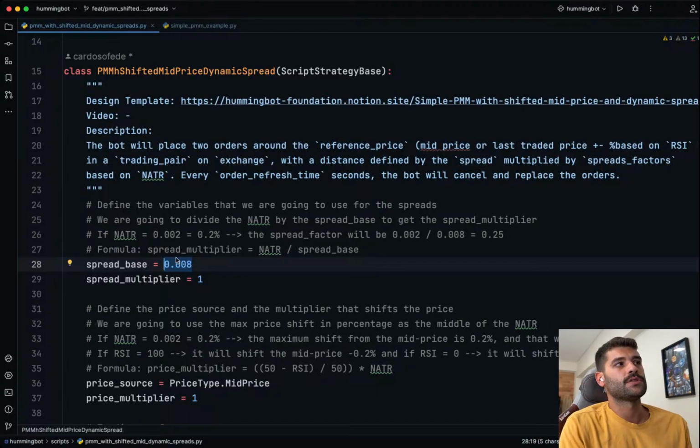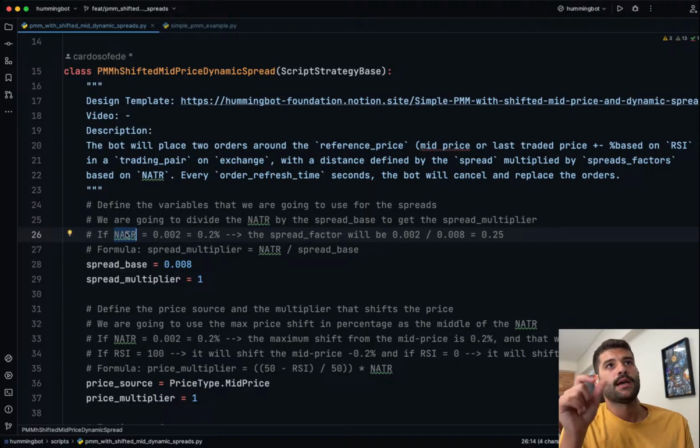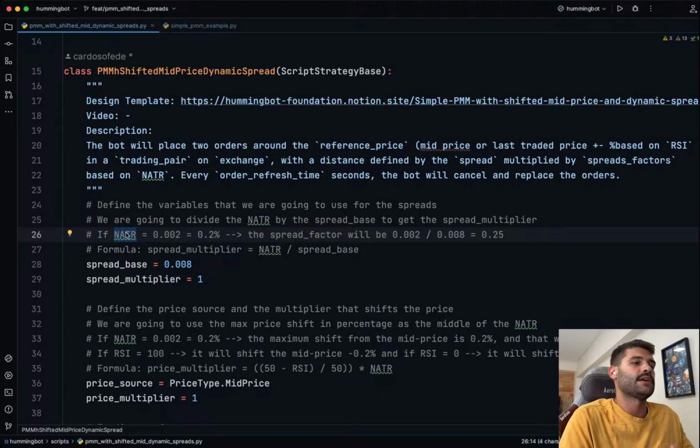So when you compute the indicator, the normalized average true range has a value called scalar. The scalar lets you scale the normalized average true range and multiply it by the value that you want from the design. So if you find that every time you place the orders, the multiplier that you have for the spread factors is, I don't know, 25, that means that the spread that you set as a base is very low, or the scalar that you are using for the NATR is very high.